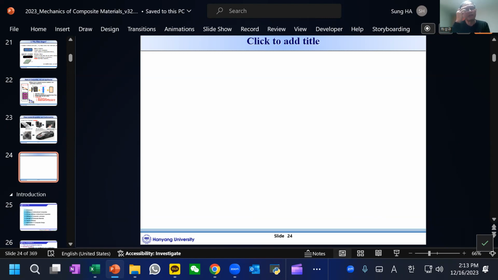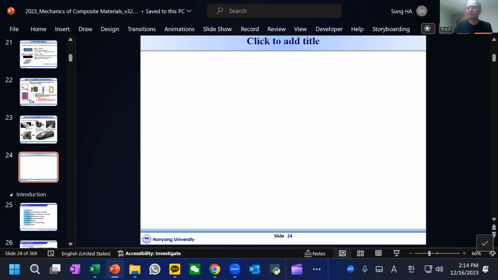Now, see the difficulty. Sometimes many, even companies, even individually, they are saying that, oh, composite structure is difficult. And a lot of companies come and look for a composite engineer, but they cannot find composite engineers.